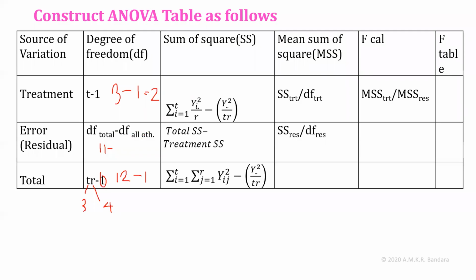Except residual, we have only the treatment degrees of freedom. So the residual degrees of freedom is 9.